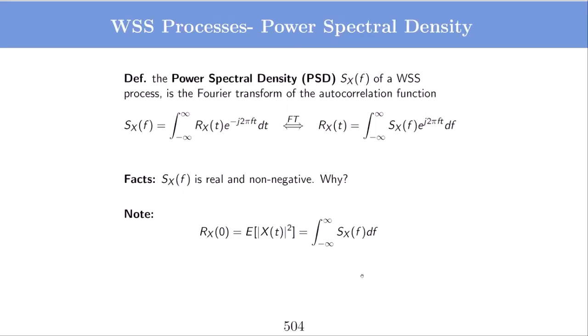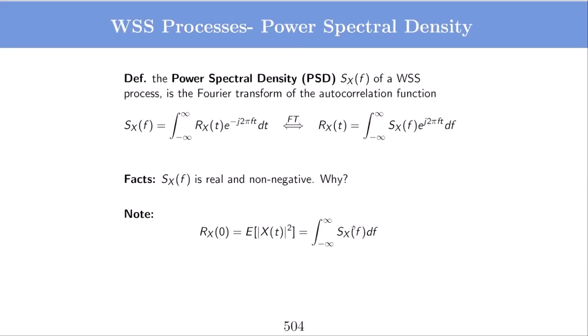So the relation we get is that if I integrate this power spectral density function with respect to frequency, I will get the complete power. If you recall the mass density relation, if you know the density at each point and integrate the density over length, you will get the mass. Similarly here, if you integrate this function, you will get the complete power. That is why this function is known as the power spectral density.